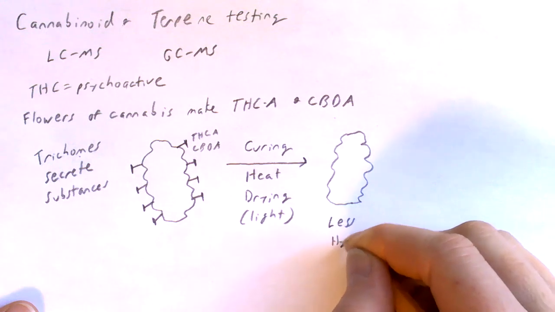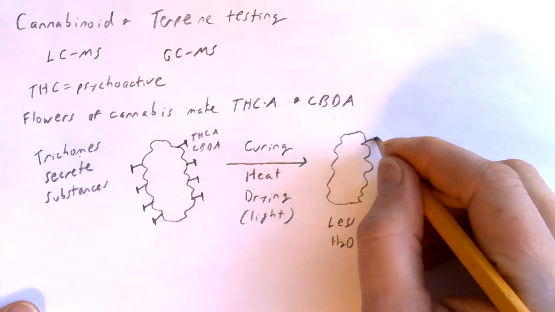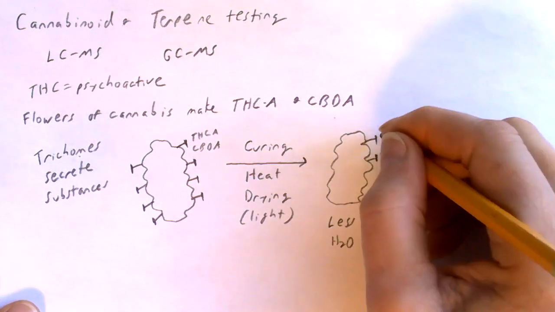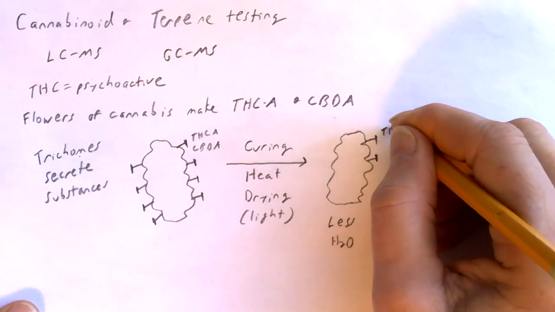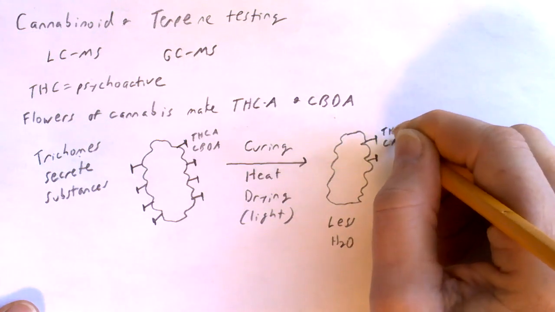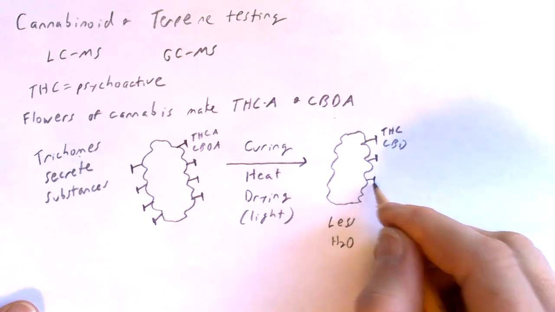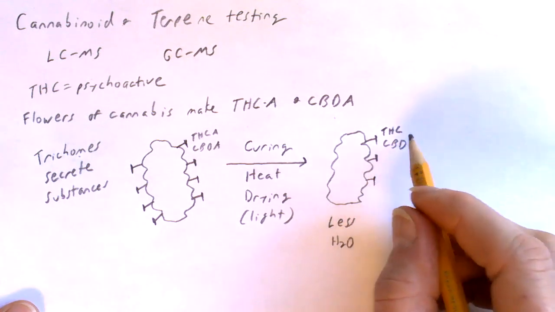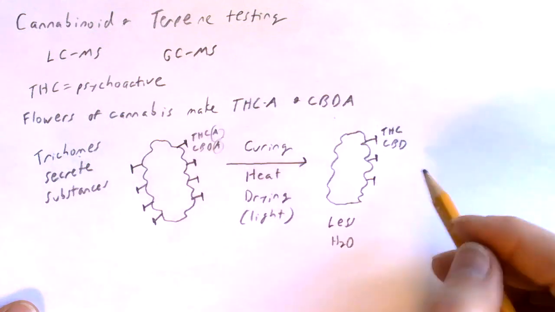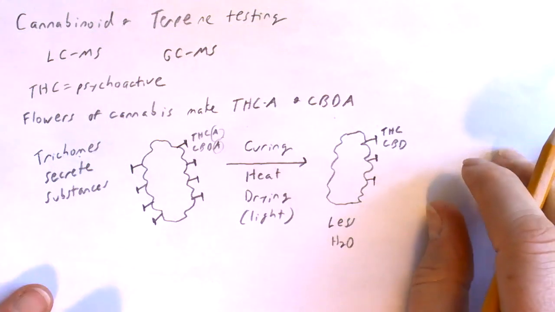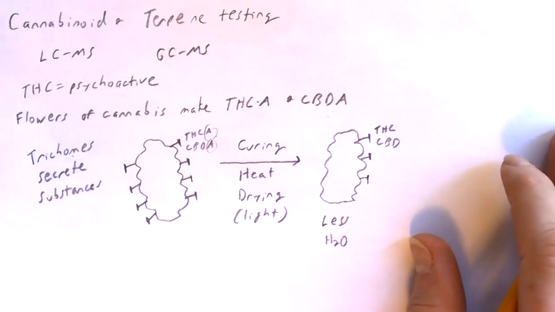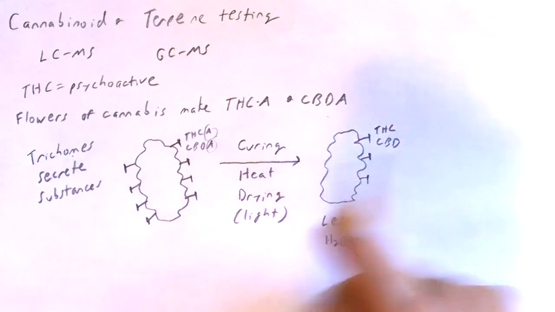So less water. You still have the trichomes, but instead of so much THCA and CBDA, you have the THC and the CBD kind of as the secreted substances. They're already out there, but they've converted from the A form to the non-acid form. Okay, and so that's one thing to know.